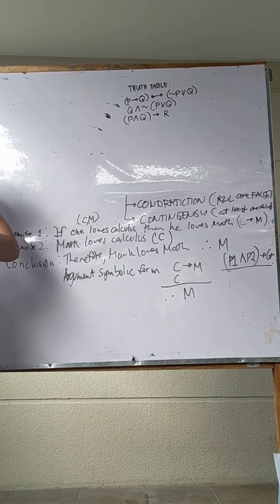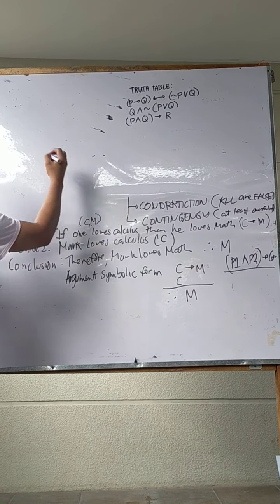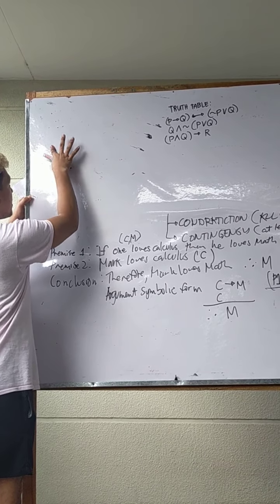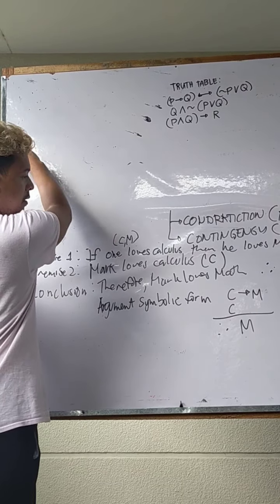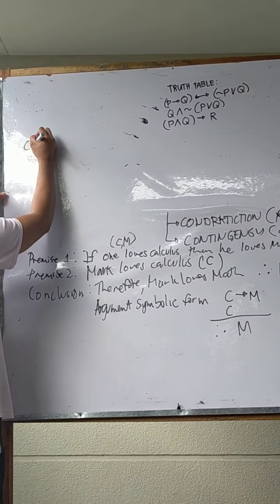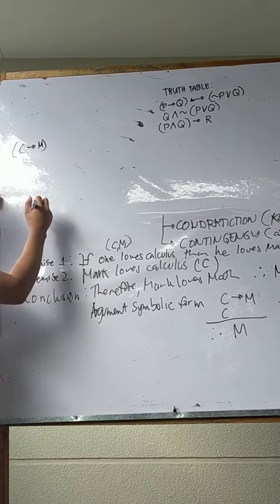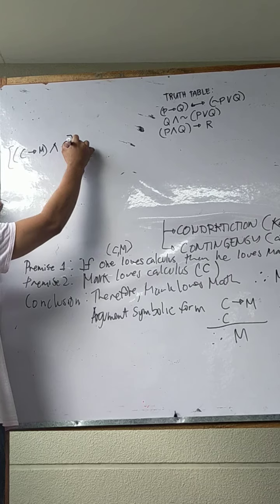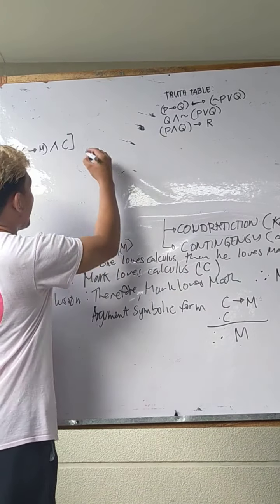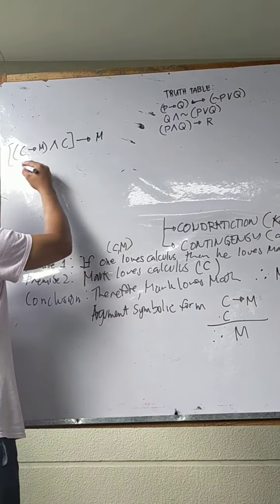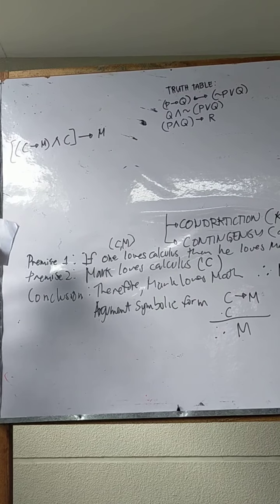Okay, let us find out. We have premise 1, C implies M, and premise 2, C, therefore M. This is how you write this in table form.